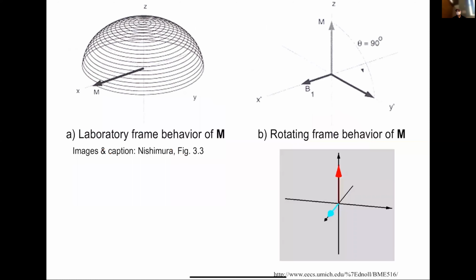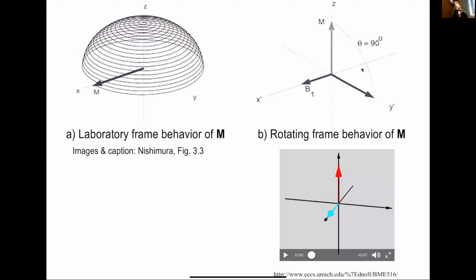So what that means is that instead of having to worry about the magnetization spiraling down, if you are going around the applied field on resonance, then it just looks like the magnetization is coming right down towards you. And that's shown here, where we're applying the field. The magnetization is here and we're applying this field here, and the magnetization wants to go clockwise around this field.